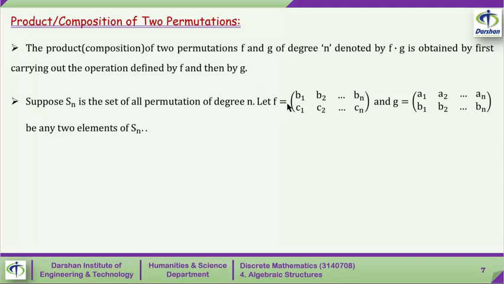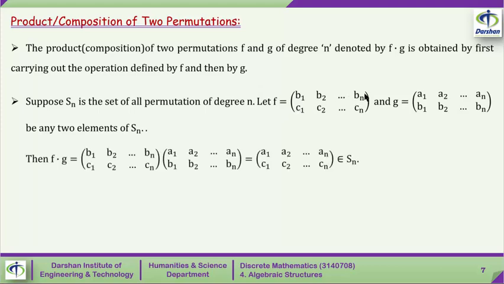Let f be defined as b1 goes to c1, b2 goes to c2 and bn goes to cn, and g is defined as a1 goes to b1, a2 goes to b2 and so on, an goes to bn, two elements of Sn. Now we define the product of f and g, or we write f composition g.